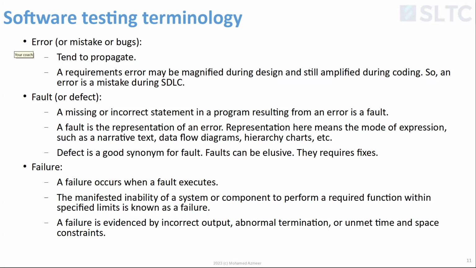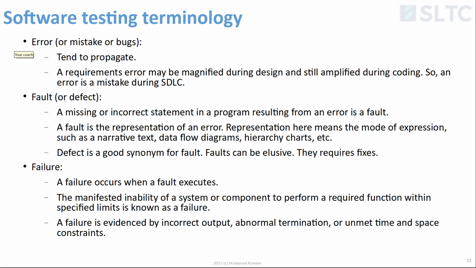Representation here means the mode of expression, such as narrative text, data flow diagram, hierarchy charts, anything. Defect is a good synonym for fault. Faults can be elusive, they require fixes. So a defect is a better name for the fault, right? And we can fix these things because if we know it's a defect, we can fix it.